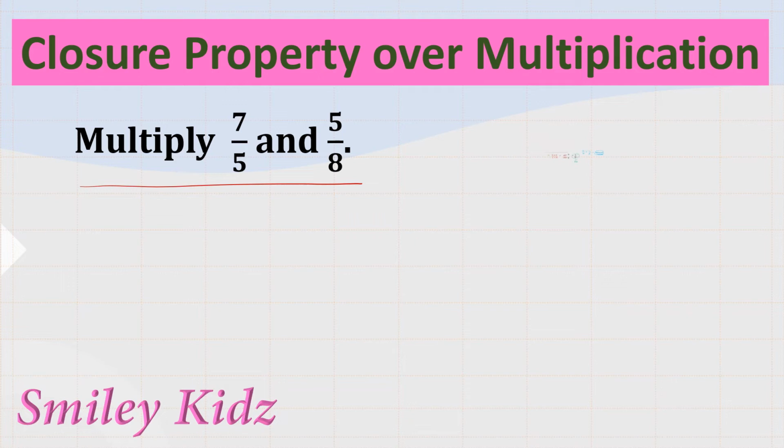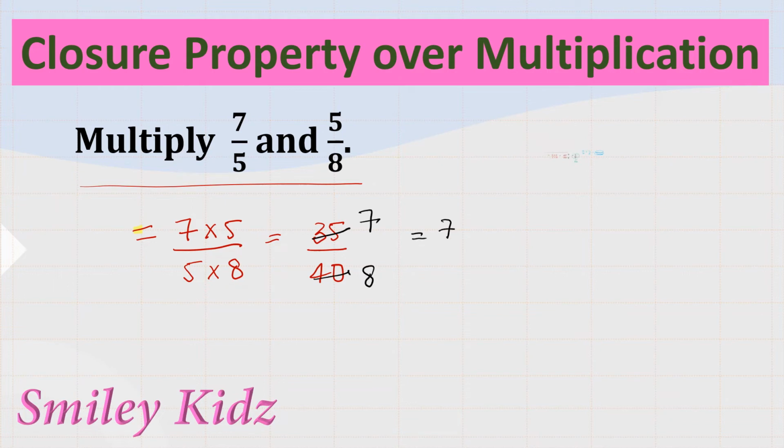Numerator into numerator by denominator into denominator, which is equal to 7 multiplied by 5 by 5 multiplied by 8, which is equal to 35 by 40. Can we simplify this rational number? Yes, we can. 5 times 7, 5 times 8, which is equal to 7 by 8.